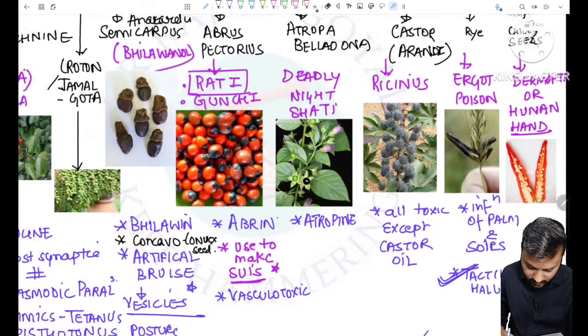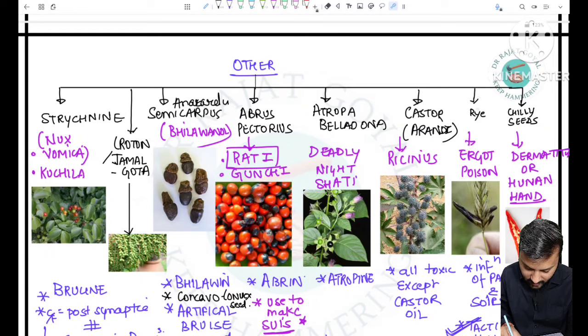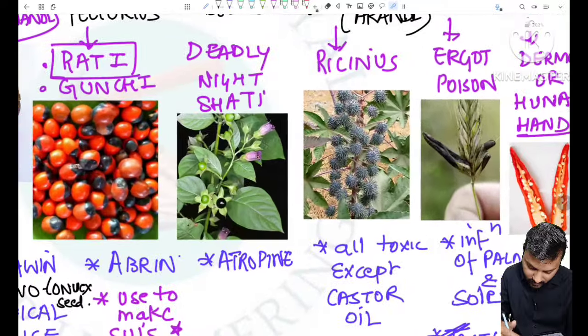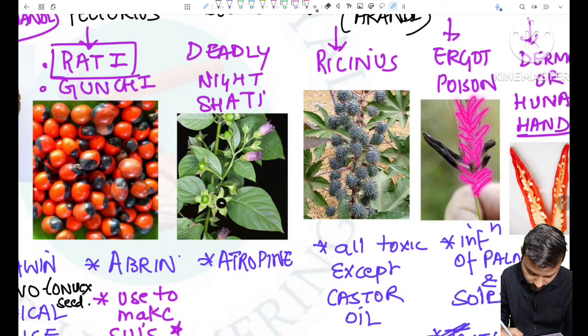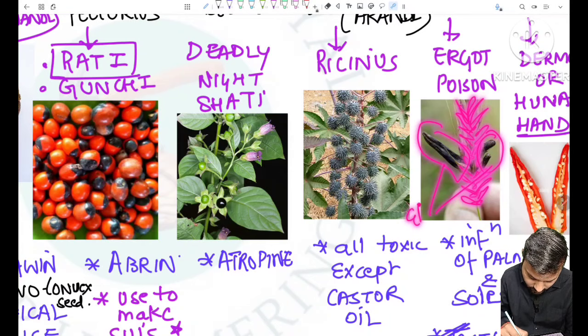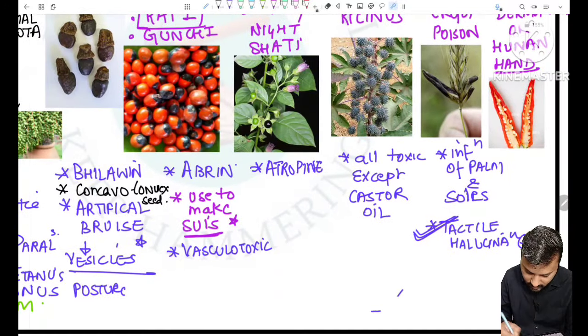Then the second last is rye, and it has the ergot poison. Here we can see this is the rye. It is very frequently seen in wheat crops, and here we can see the ergot, the blackish part.